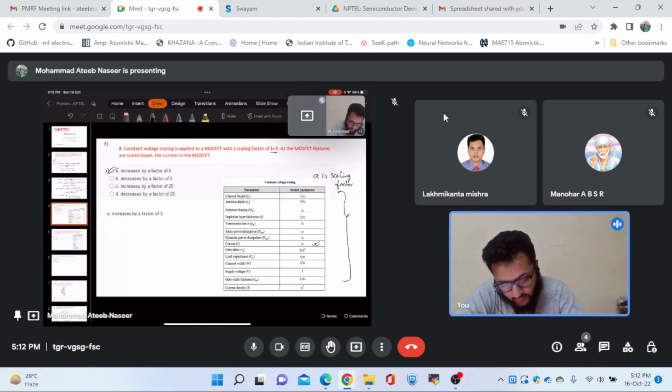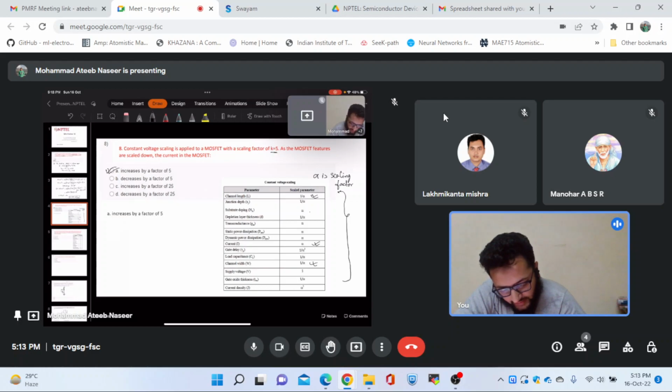You can check these things by yourself as well. If you write down the parameters for the current, by writing the current equation, the ratio W by L will remain as it is.